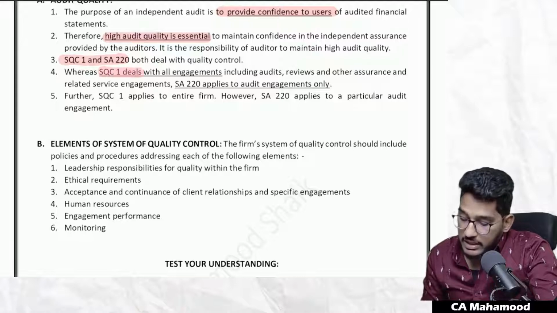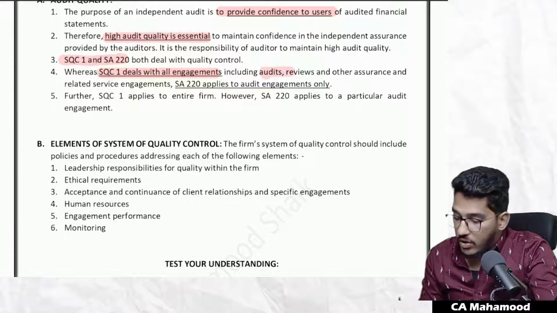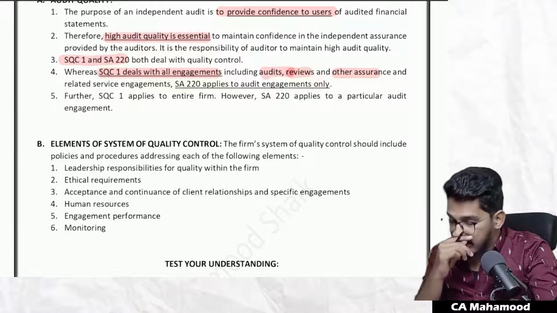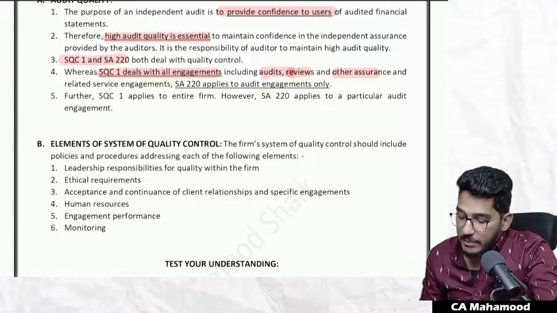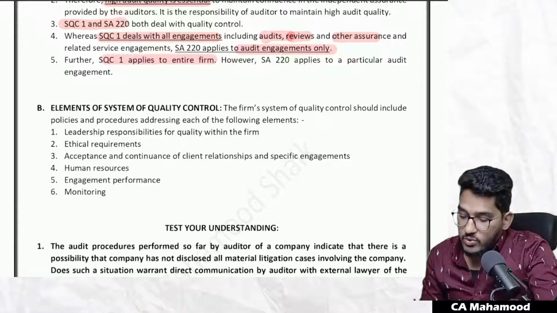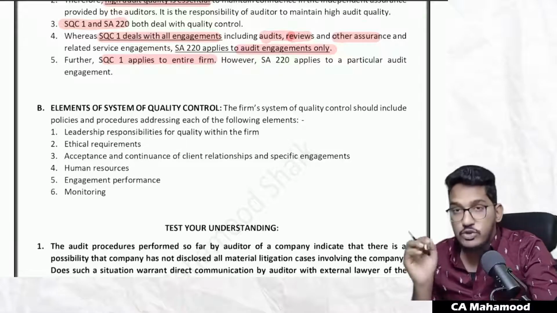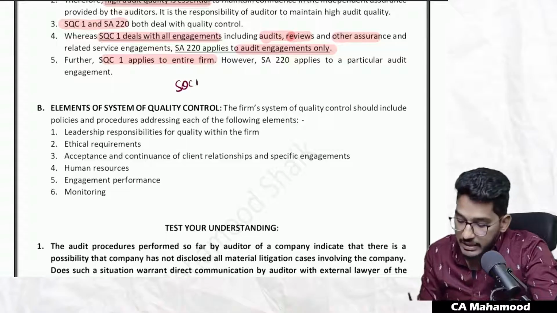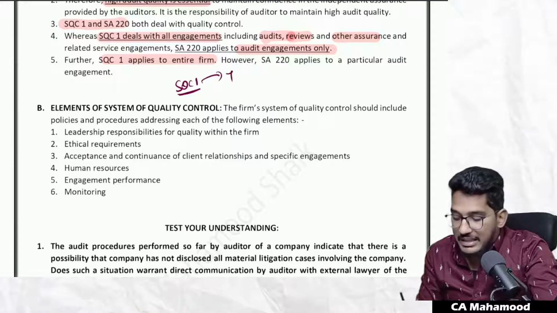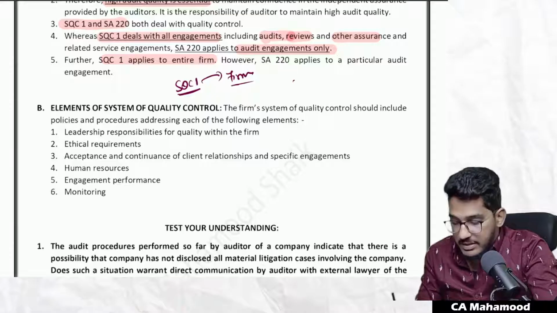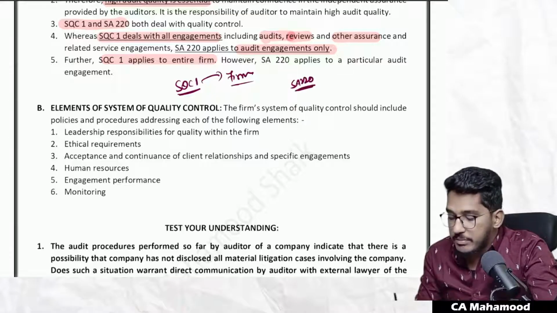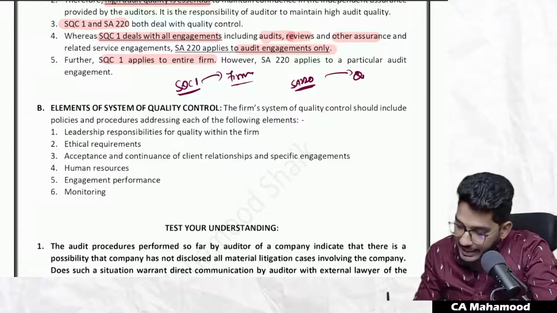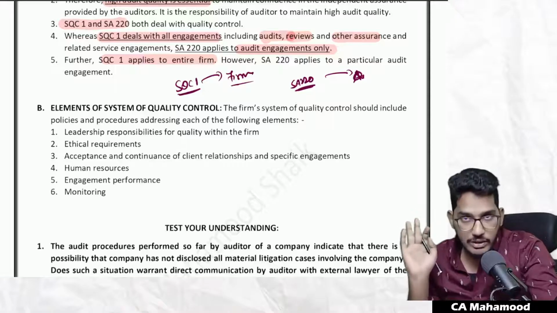But SQC1 deals with all engagements, including audits, reviews, and other assurance and related services, whereas SA220 applies only to audit engagements. Further, SQC1 applies to the entire firm, SA220 applies to a particular audit engagement. SQC1 contains policies and procedures to be applied by the entire firm for all kinds of engagements. SA220 contains policies and procedures that will apply to a particular audit engagement only.